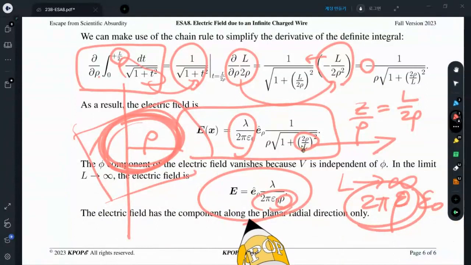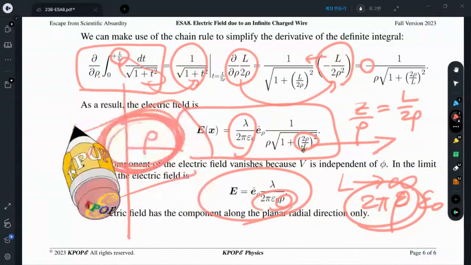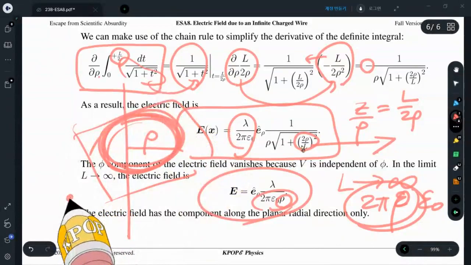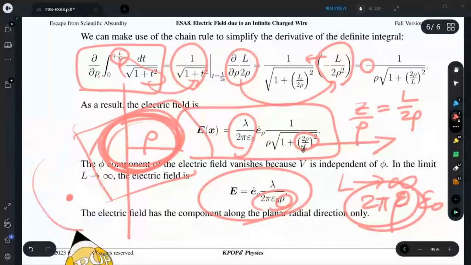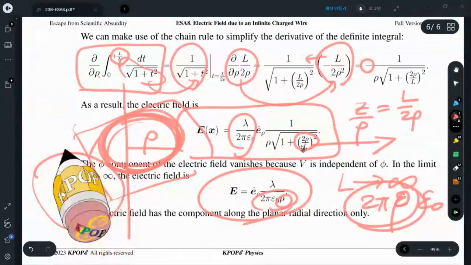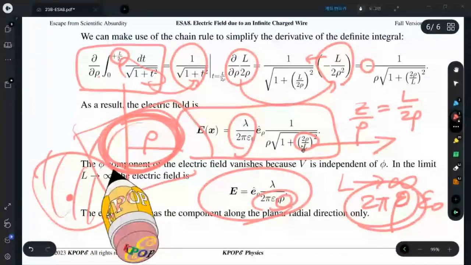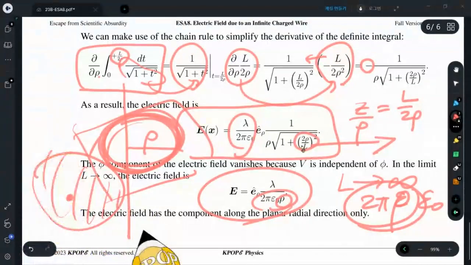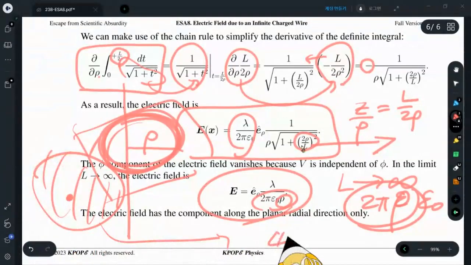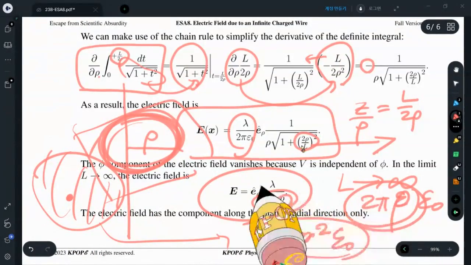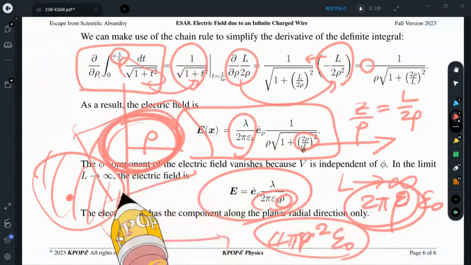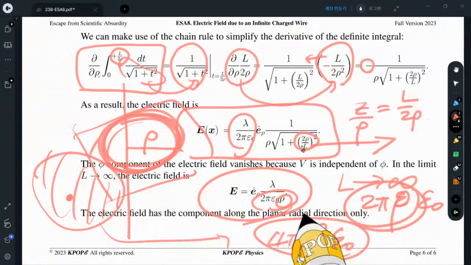In the three-dimensional case, a spherical form, a point charge generates an electric field, and the area of the surface in three dimensions is 4 pi r squared, and we have epsilon 0. So this different structure appears due to the symmetry of Euclidean space.